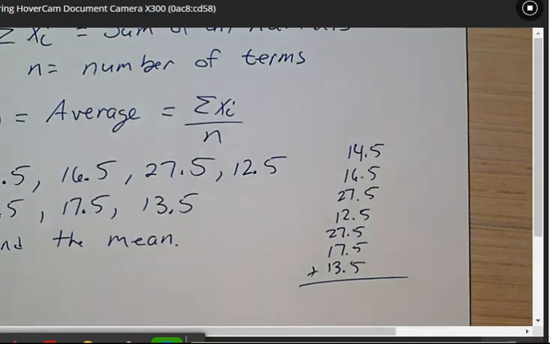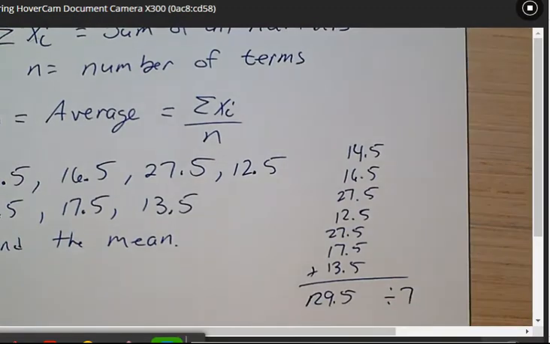Okay, so finding the sum of those comes out to be 129.5. We have 7 different numbers. So then taking that and dividing it by 7, that's going to be 18.5.